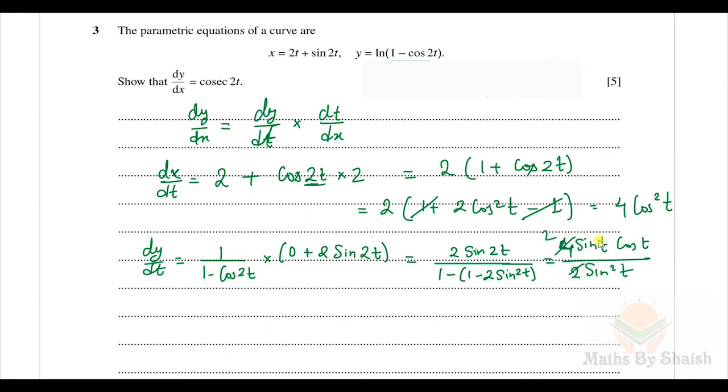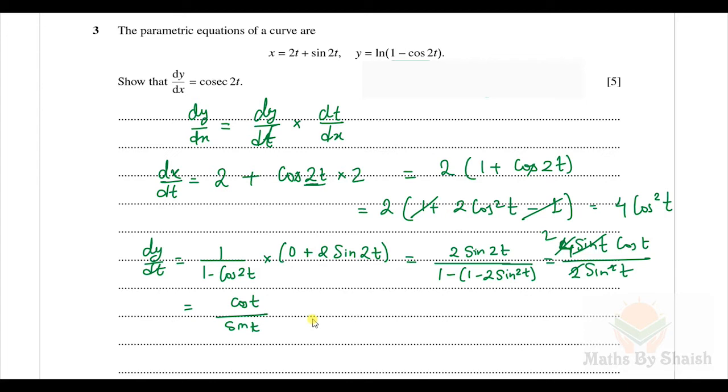So 2 will be cancelled, 1 sine will be cancelled, and we are only left with cos t over sine t.